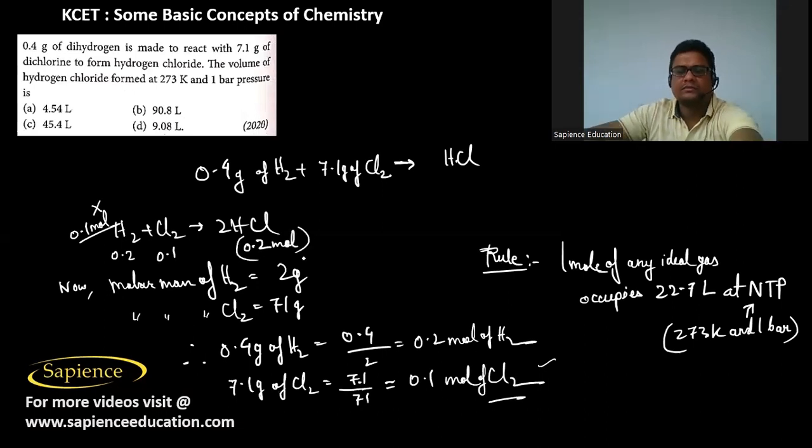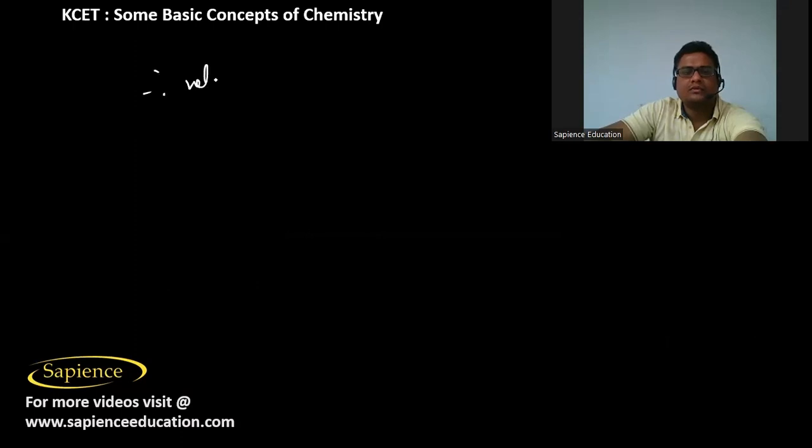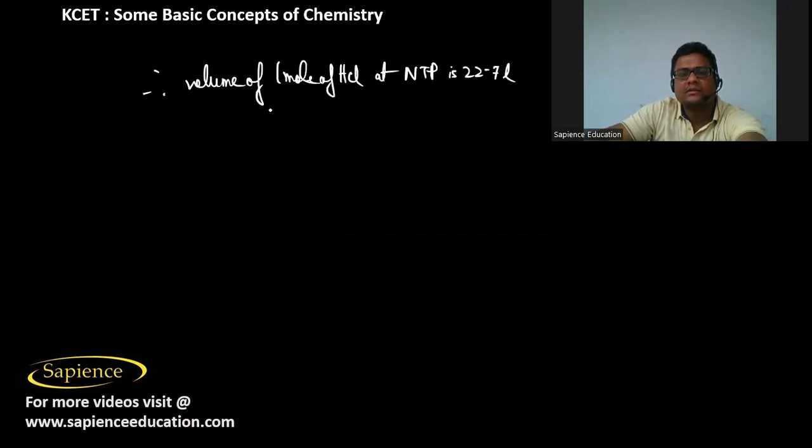Now, therefore, the volume of 1 mole of HCl at NTP is 22.7 liters, and so the volume of 0.2 mole of HCl at NTP will be equal to 22.7 into 0.2 liters.